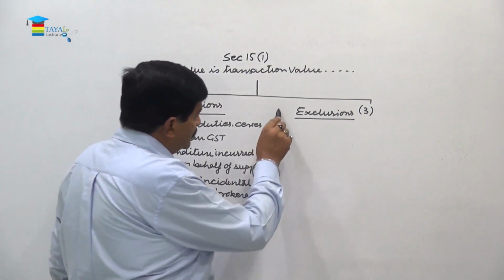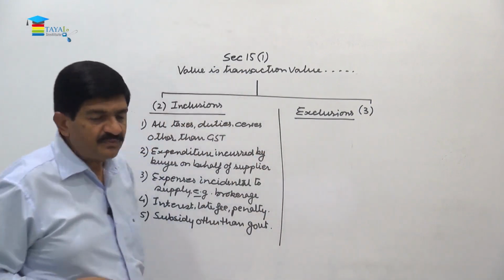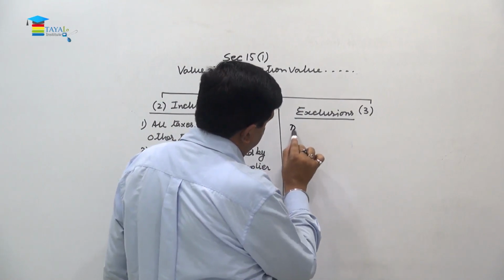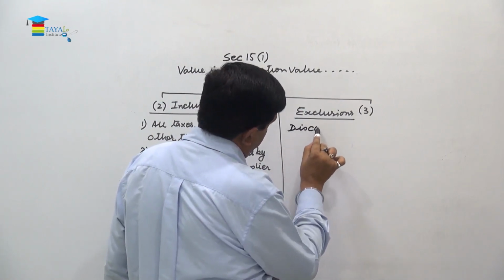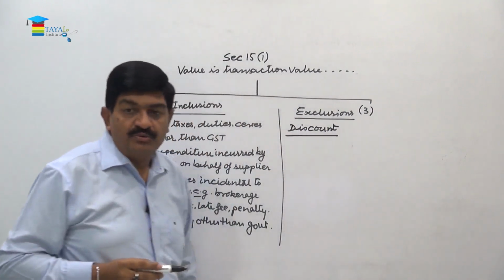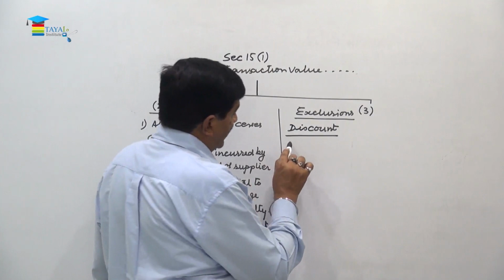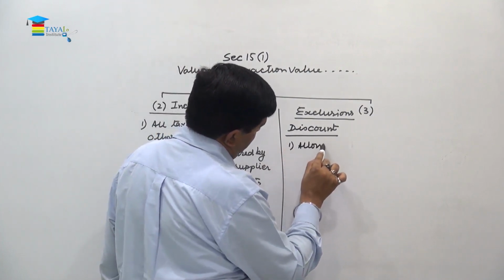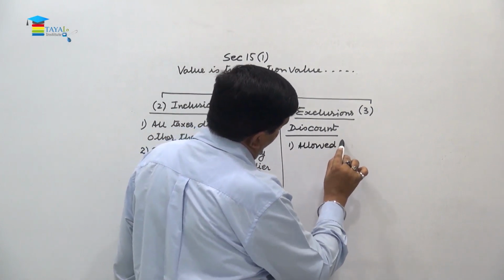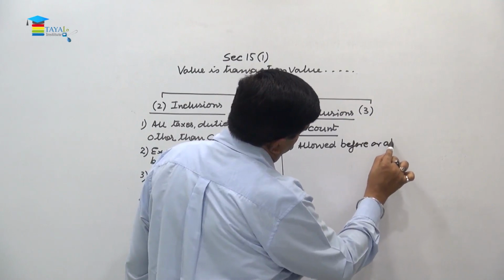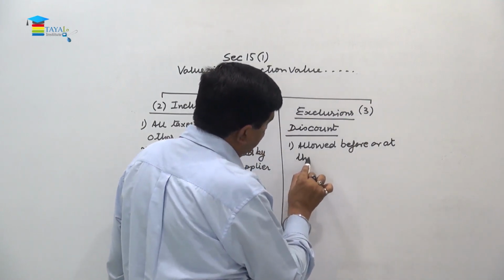Now as far as exclusion is concerned, mainly it is talking about discounts. Now discount, one is allowed before or at the time of supply.